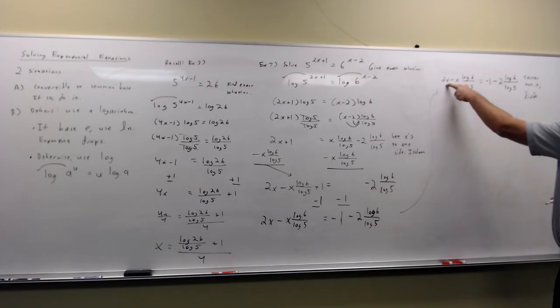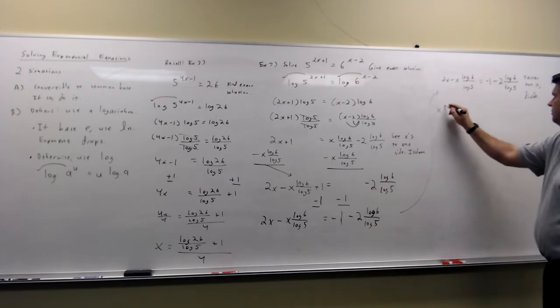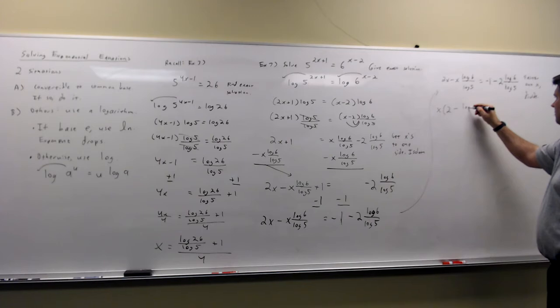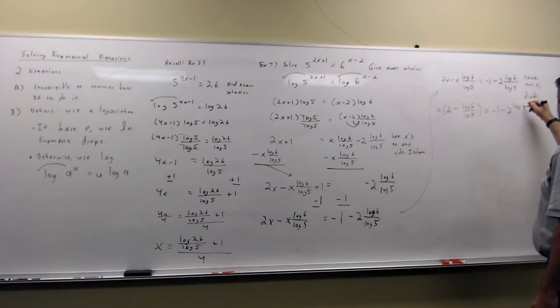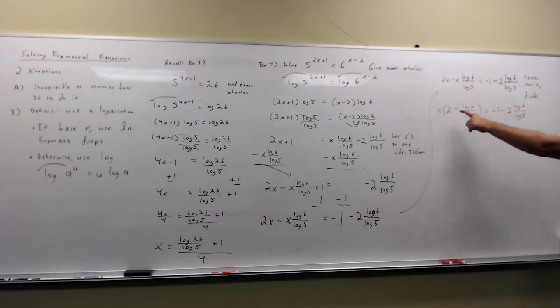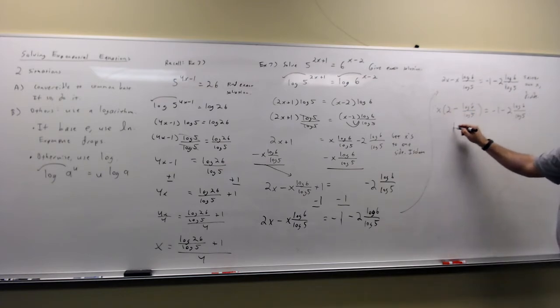So these two have an x in them. I will take it out. And finally, I'm going to divide it off this, I'm going to divide it off that.